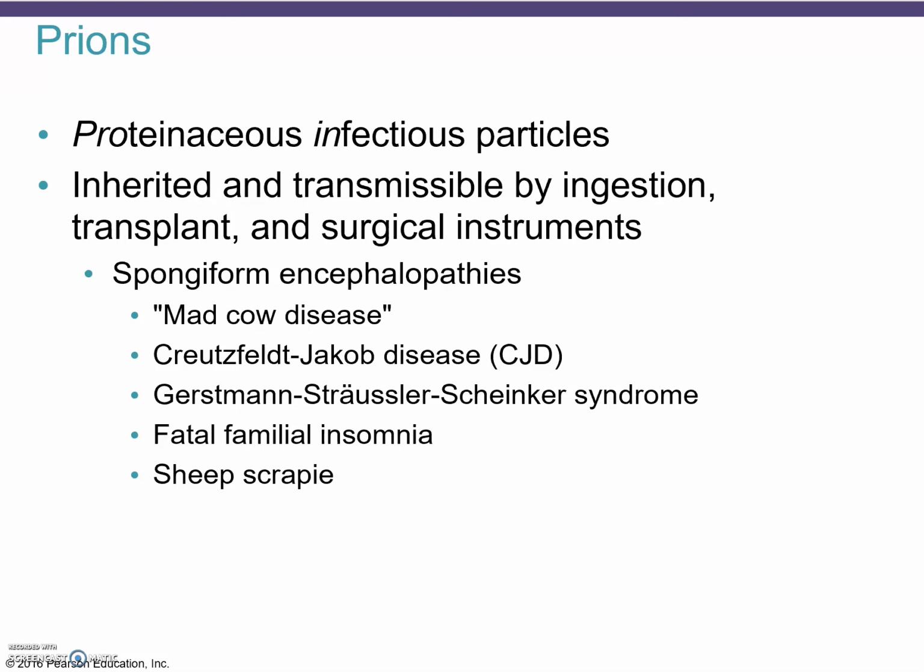We have mad cow disease here. You may have heard of that. That is bovine spongiform encephalopathy, otherwise known as that. And then Creutzfeldt-Jakob disease, that's the human form of mad cow disease. Then there's also sheep's scrapie. Those would be the more common diseases in this category.